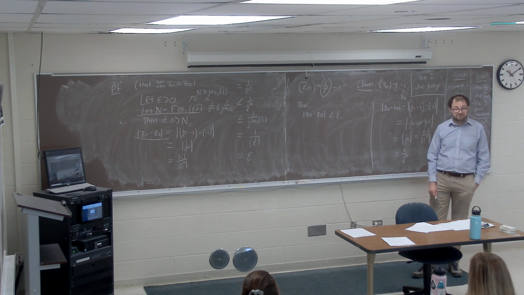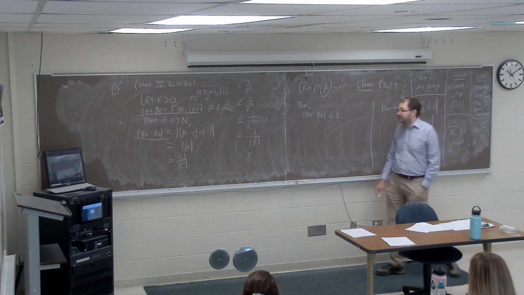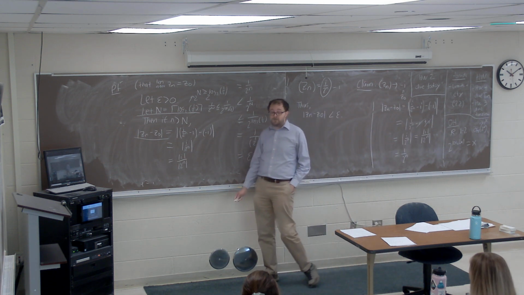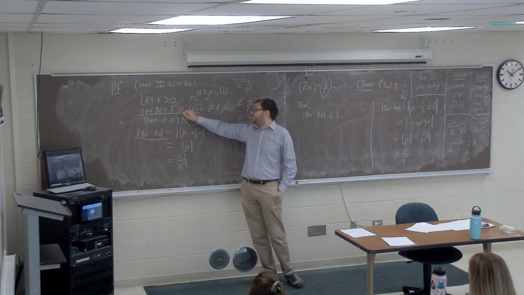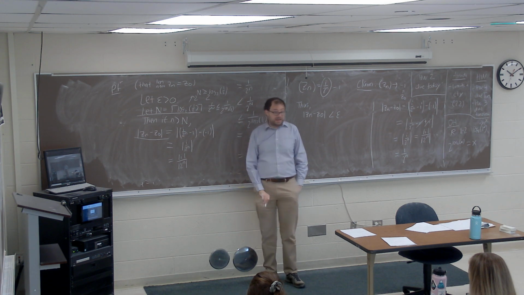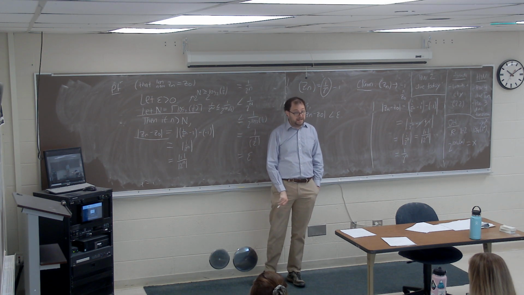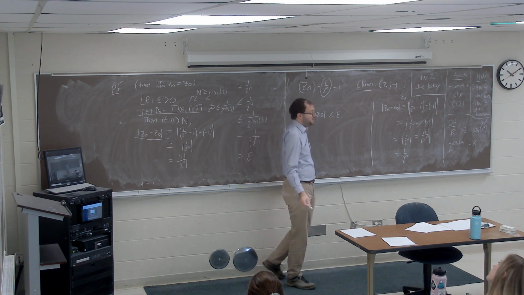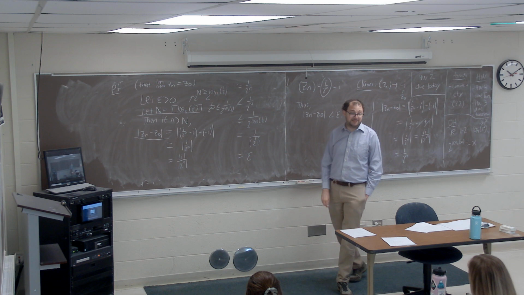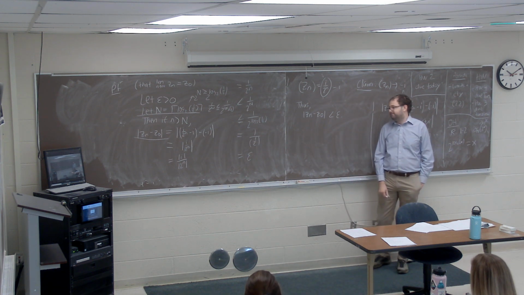So Katrine, what did we just prove? We showed that given an arbitrary epsilon greater than 0, we were able to find a big N so that if little n is greater than that big N, then the distance from z sub little n to z naught is less than epsilon. What does that give us? We've shown that z sub n converges to negative i.